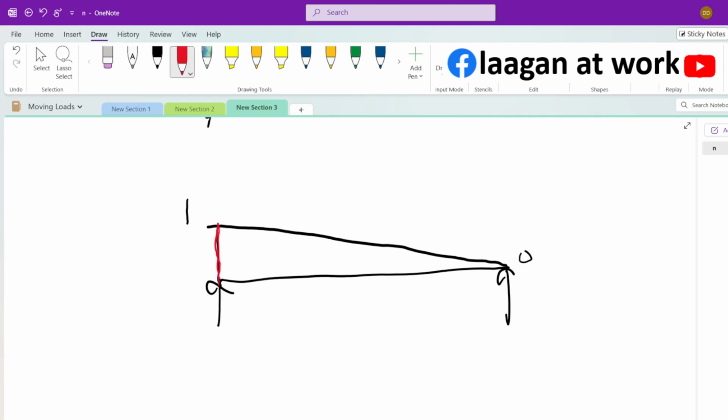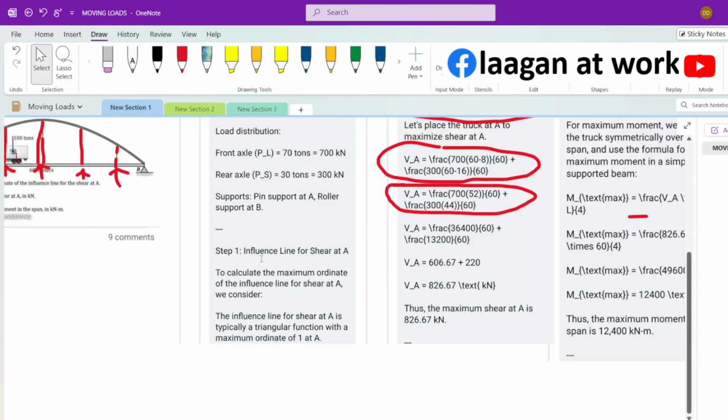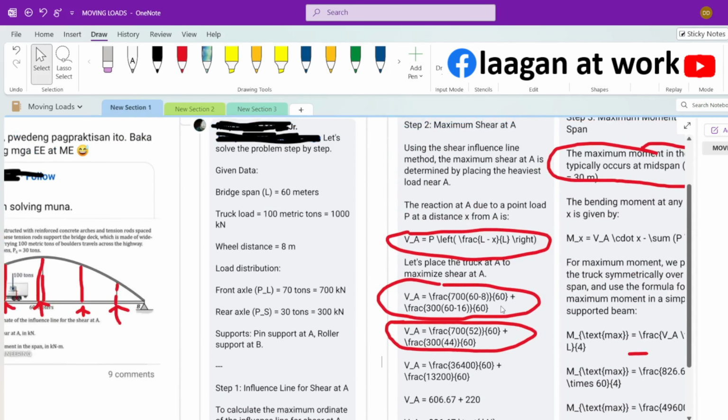In order to get the maximum shear, you position the biggest load over the support. So you have your 70 tons, or 7. His load calculation on the rear axle is 70 tons.